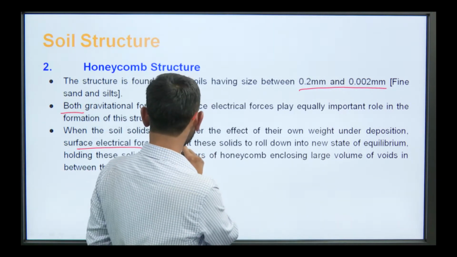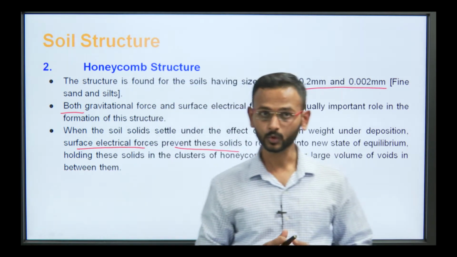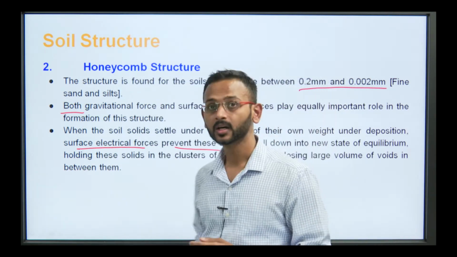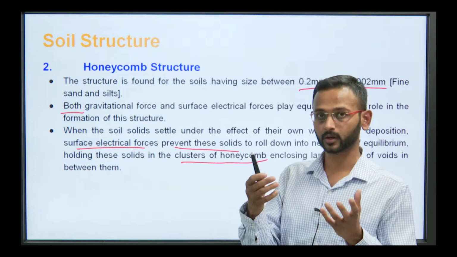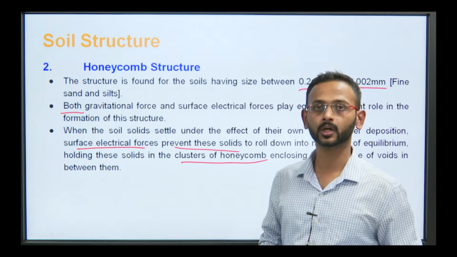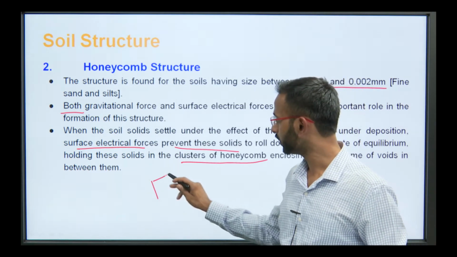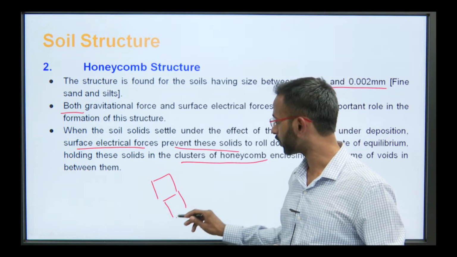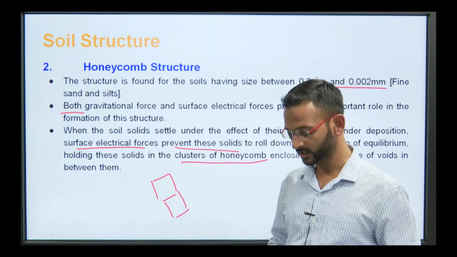These prevent the solids from rolling down into a new state of equilibrium, holding the solids in clusters of honeycomb, as I told you in the starting discussion, like this one or this one. So the honeycomb encloses a large volume of voids between the particles.